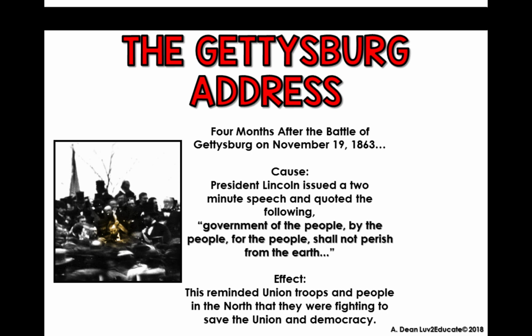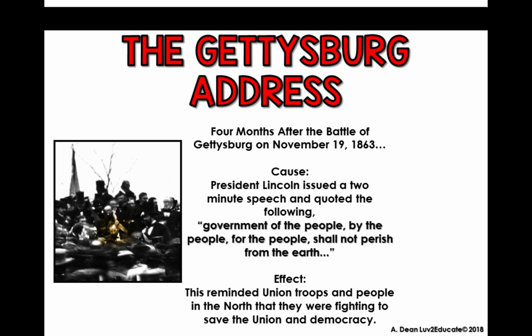So 4 months after the Battle of Gettysburg, on the 19th of November, 1863, President Lincoln issued a 2-minute speech, and he was quoted. He said, "The government of the people, by the people, for the people, shall not perish from the earth."